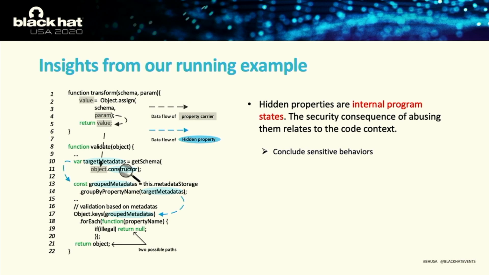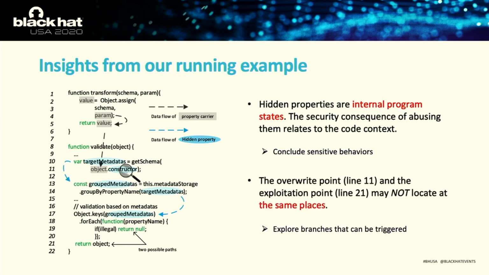So it is important that we can conclude a set of sensitive behaviors. These behaviors should clearly indicate certain security consequences by themselves, so that we can decouple the harmfulness detection from the code context.